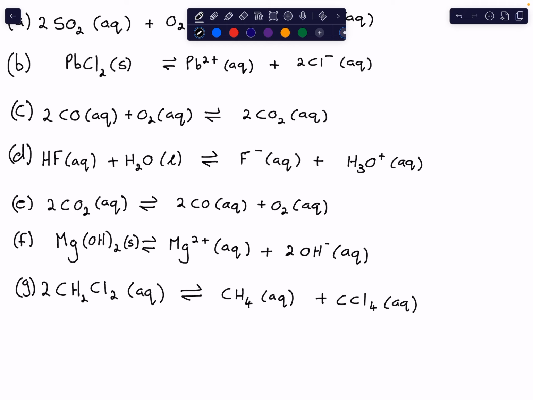These are definitely in their gaseous form, because they're not soluble. So actually for them, let's write them in gas form: gas, gas, gas.